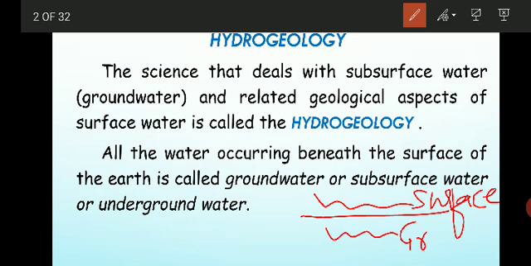All mean the same. The water present above on the surface of the earth is called surface water, in the form of rivers, lakes, different water bodies on the surface. So the branch which studies both these types of waters is called hydrogeology.